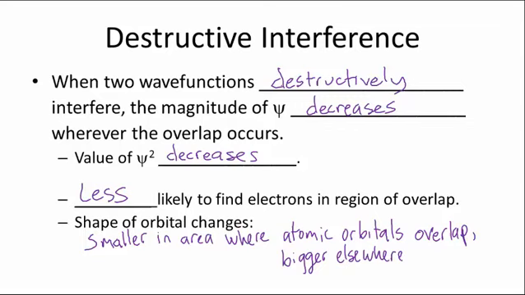But what we're going to do is just make new pictures based on this idea, that we can have in-phase or out-of-phase overlap. What questions do you have? In phase goes with constructive, out of phase goes with destructive.